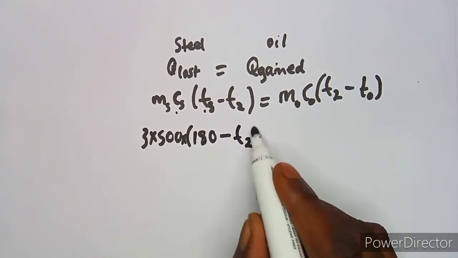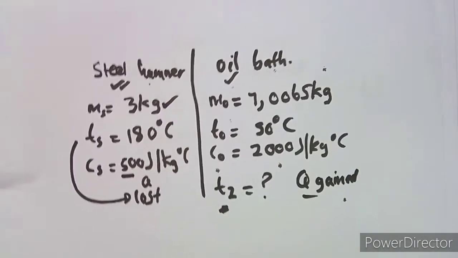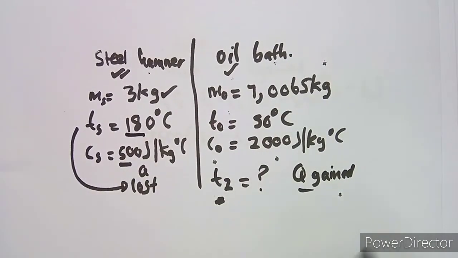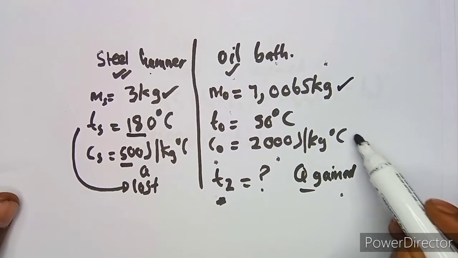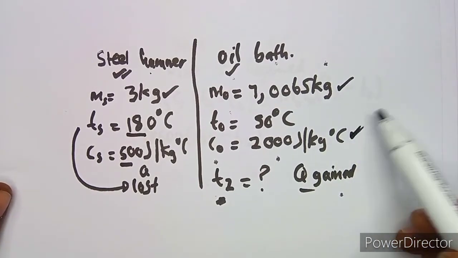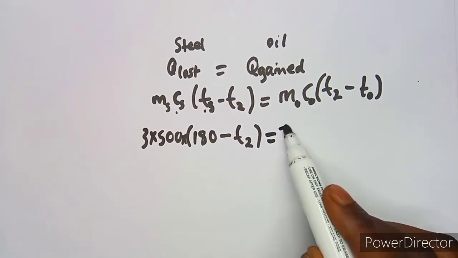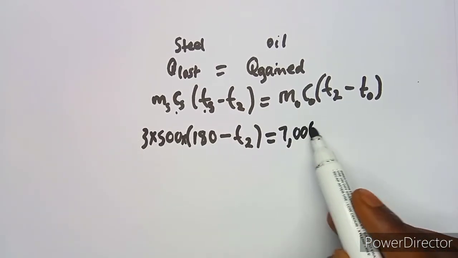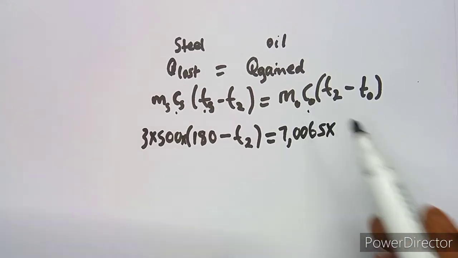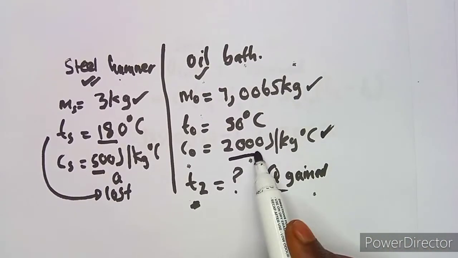We do not know this value; this is the one that you want to calculate. We do the same here for oil: the mass of oil, which was 7.0065, times the specific heat capacity of oil, which is 2000.